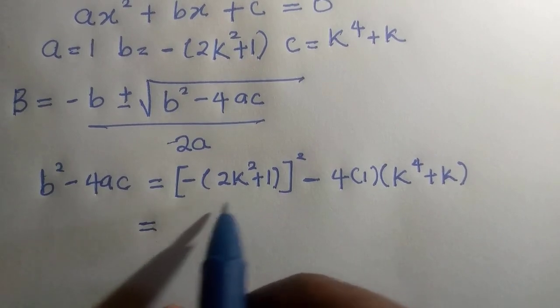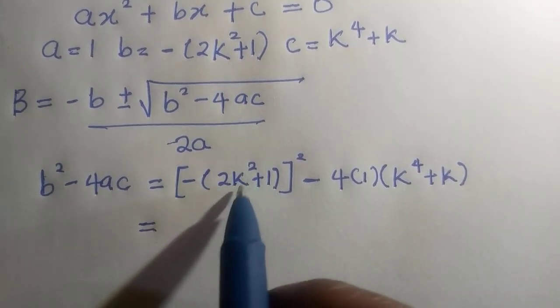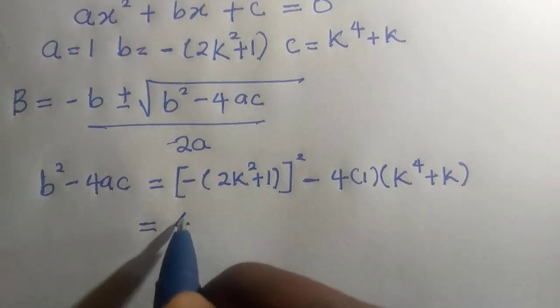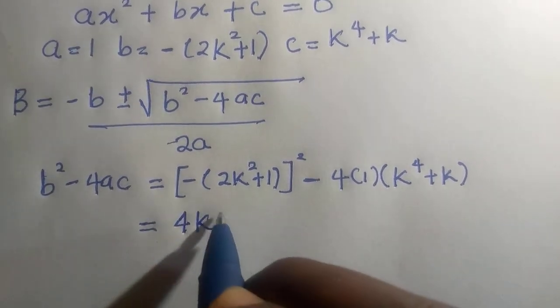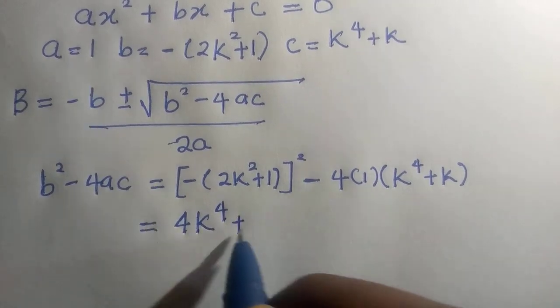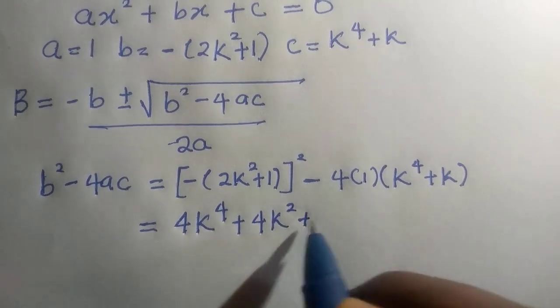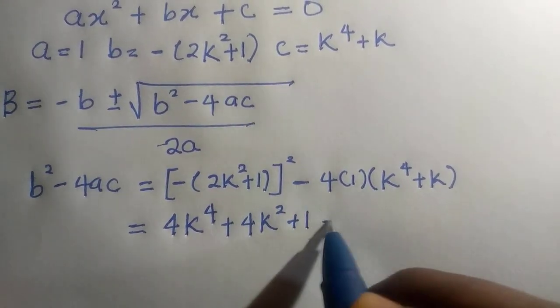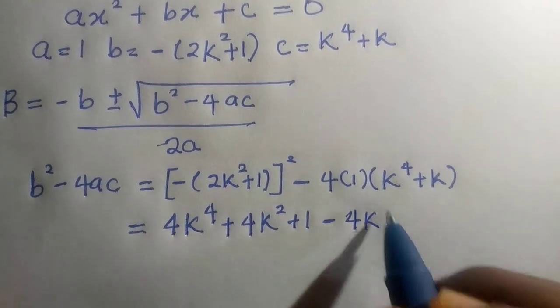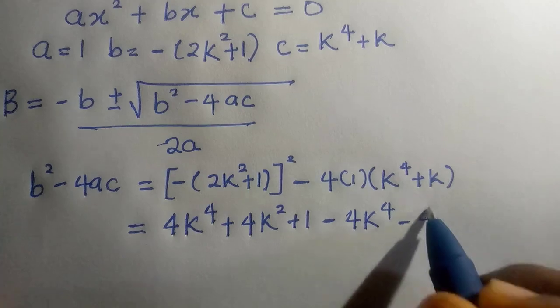And trust me, when we expand the whole of this, we get 4k^4 + 4k^2 + 1. And with this one, we have minus 4k^4 minus 4k.